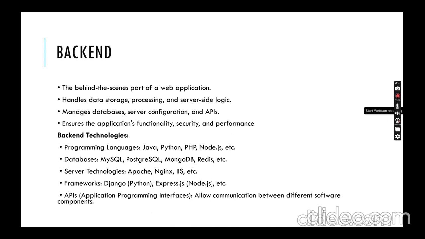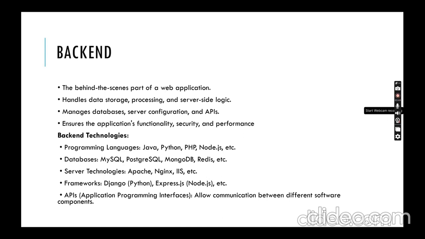Some technologies which we use in the backend are programming languages like Java, Python, PHP, Node.js, etc. And databases which we use to store the data can include MySQL, MongoDB, etc. I used MongoDB for creating this project, which I'll be showing at the last.